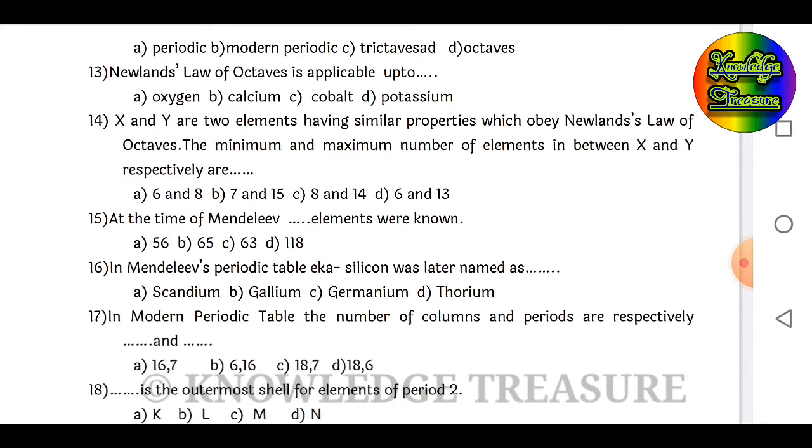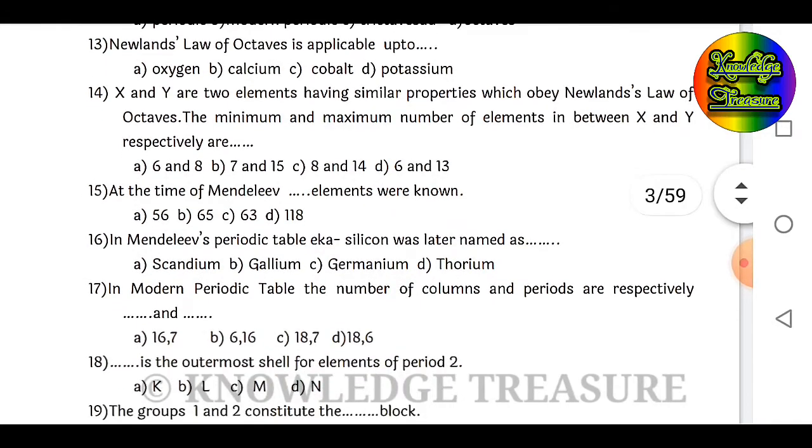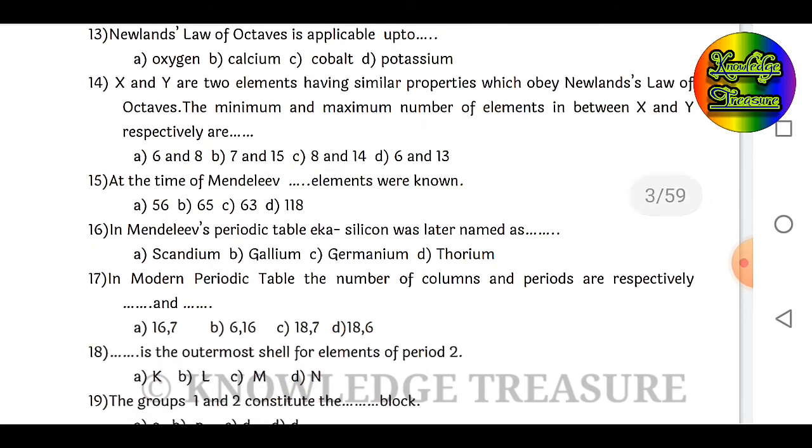X and Y are two elements having similar properties which obey Newlands' law of octaves. The minimum and maximum number of elements in between X and Y respectively are A. 6 and 8, B. 7 and 15, C. 8 and 14, D. 6 and 13. The correct answer is D. 6 and 13.